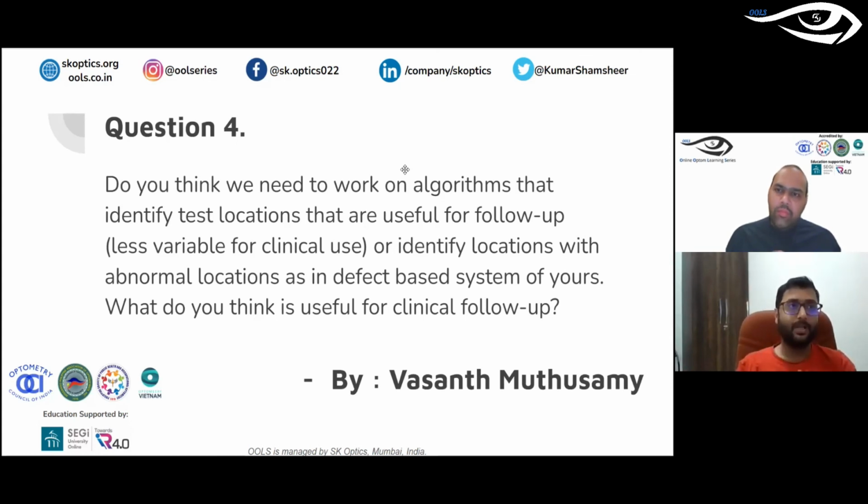Sorry about the audience: ARREST is an approach which looks at how the scotoma is growing in size rather than how it is going down in depth. So I would say that ARREST is a much better approach compared to the defect-based sampling approach. Awesome.